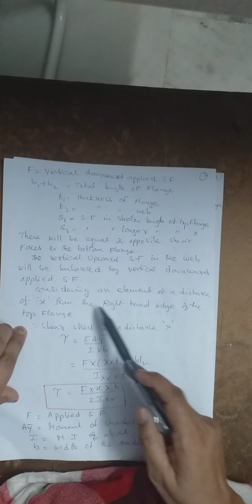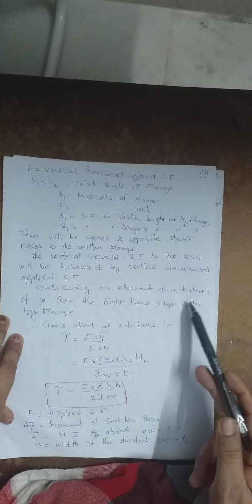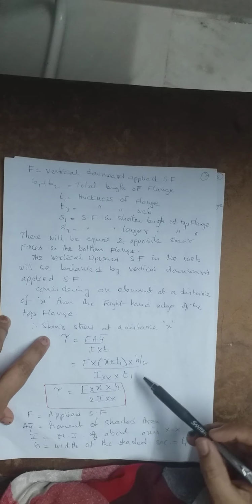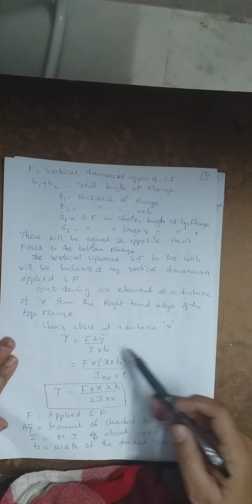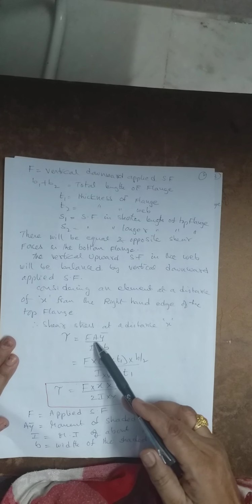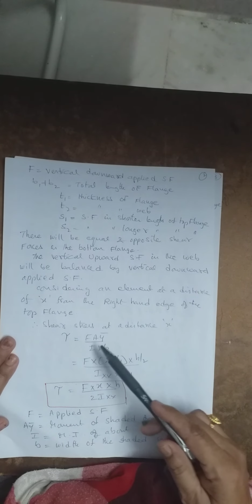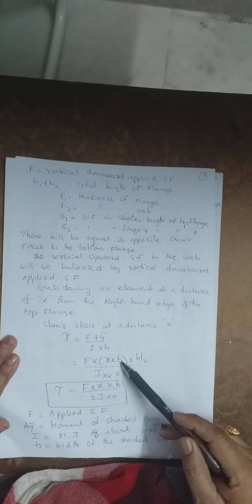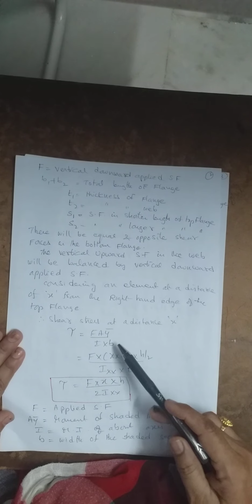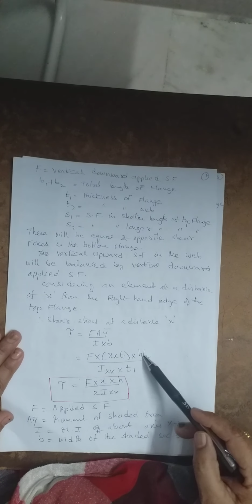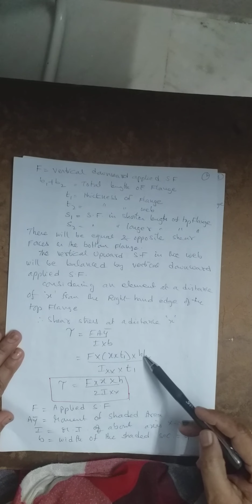So as I said, considering an elementary area at a distance of x from the right hand edge of the top flange, to find the shear stress at a distance of x, tau is equal to F A y bar by I into b. A is the area, x is the length and T1 is the thickness, so x into T1, and y bar is H by 2, since H is the distance between the centers of the flanges.